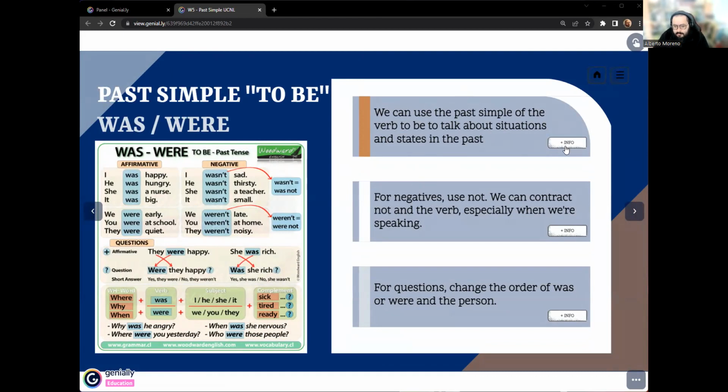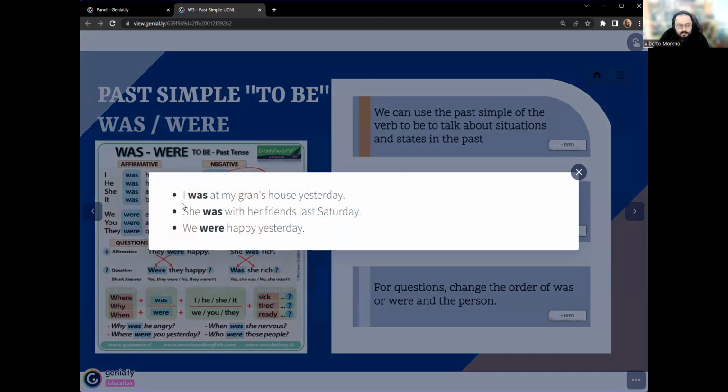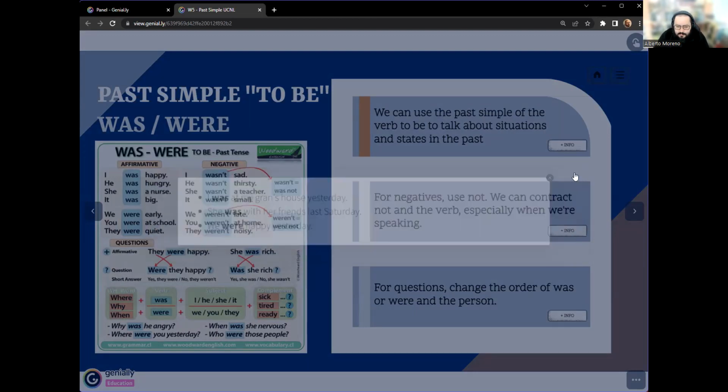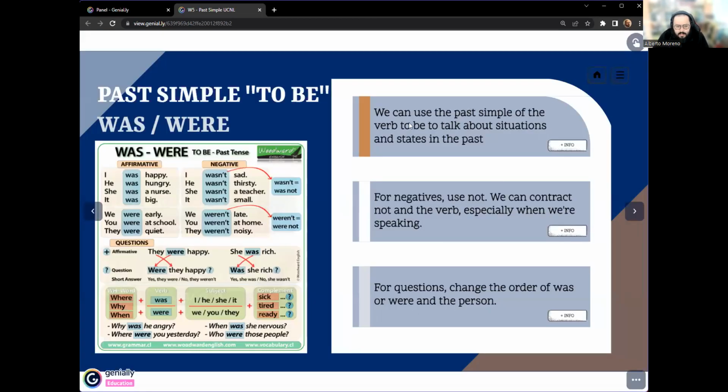Also, for example, I was at my grand's house yesterday. She was with her friends last Saturday. We were happy yesterday. This is for affirmative sentences. But what about for negatives? Well, for negatives, we use not after the past simple of the verb to be.